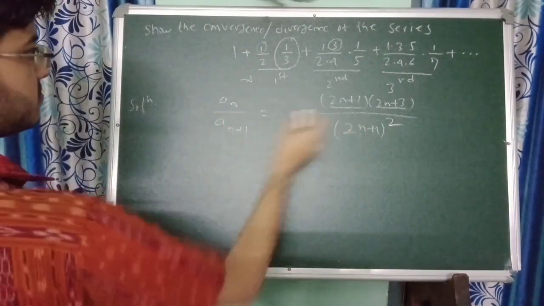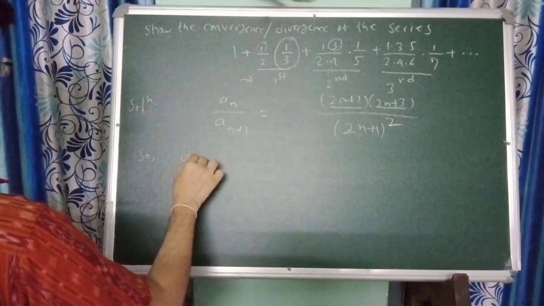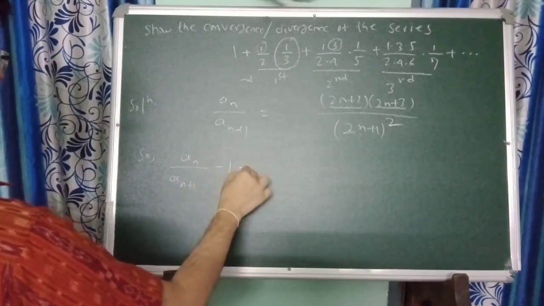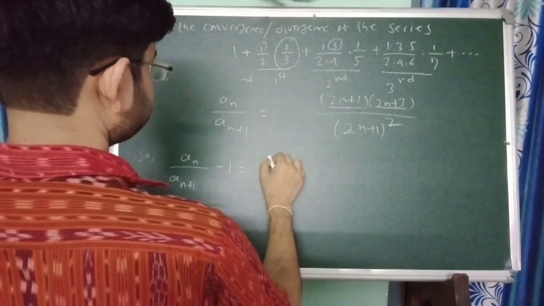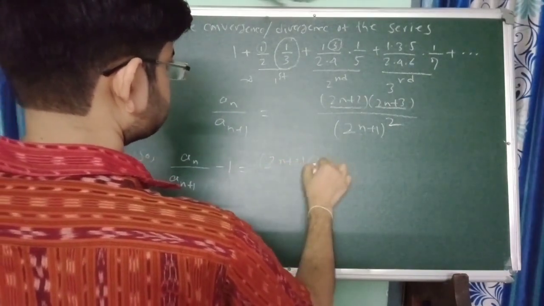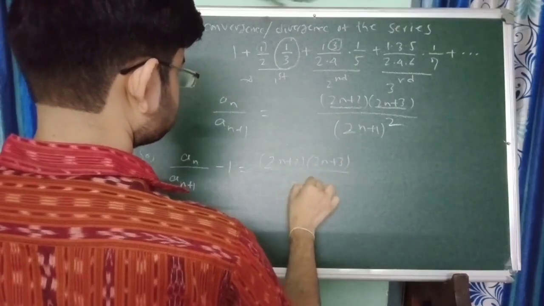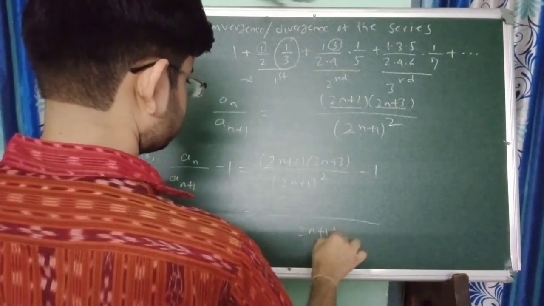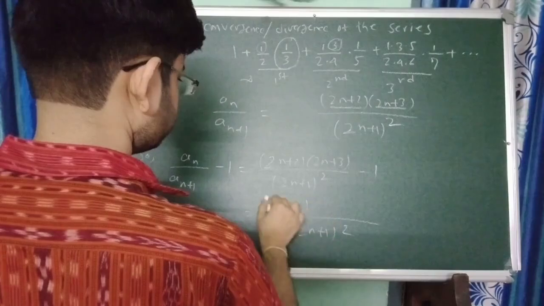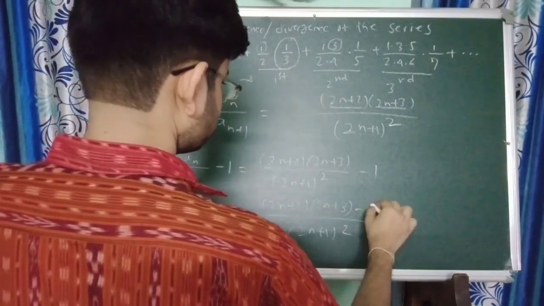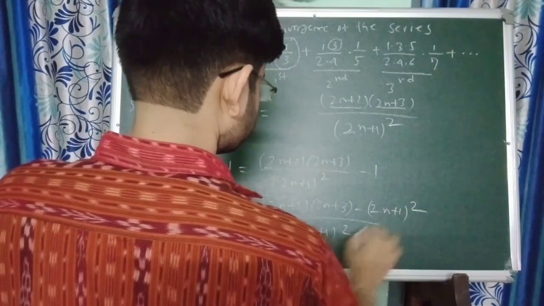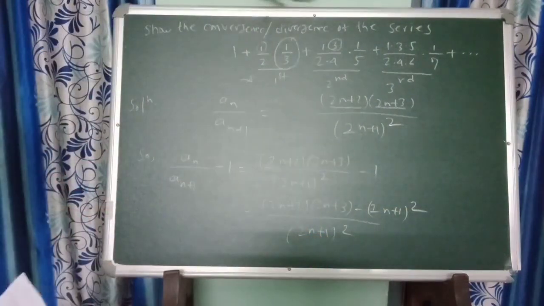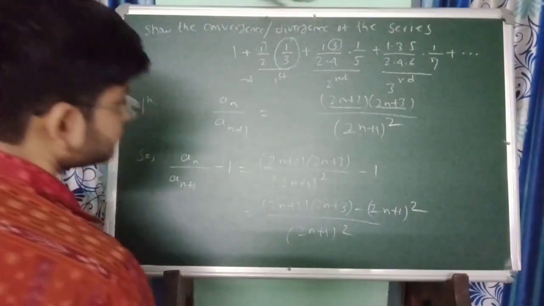This is a_n by a_(n plus 1), so a_n by a_(n plus 1) minus 1 equals, simplifying this portion.